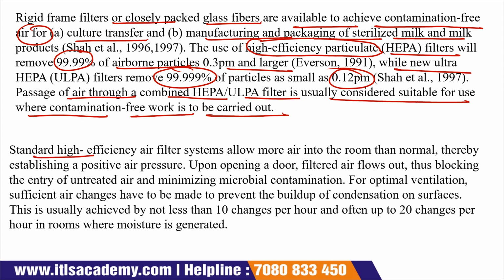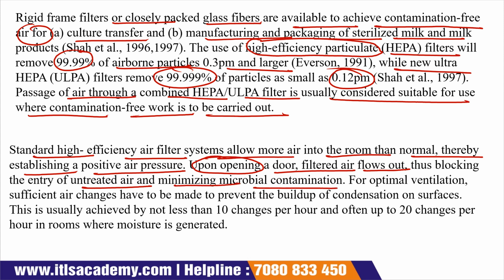A standard high efficiency air filter system allows more air into the room than normal, thereby establishing a positive air pressure, so that upon opening a door the air flows out, thus blocking the entry of untreated air and minimizing microbial contamination.